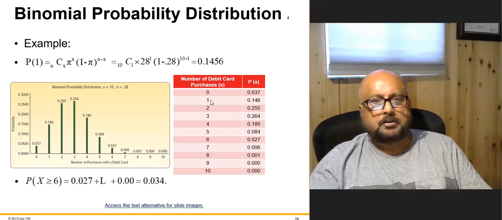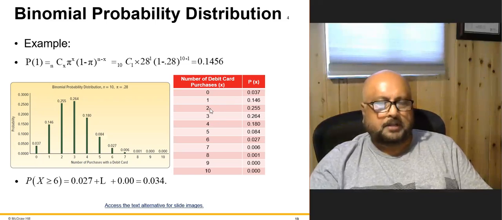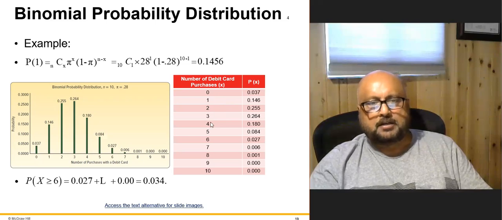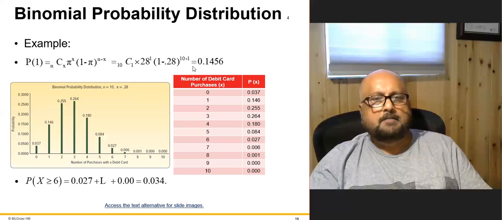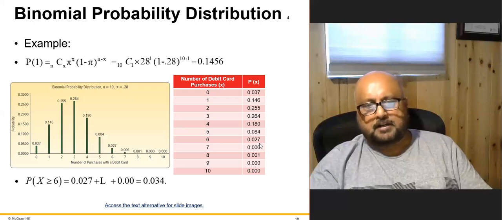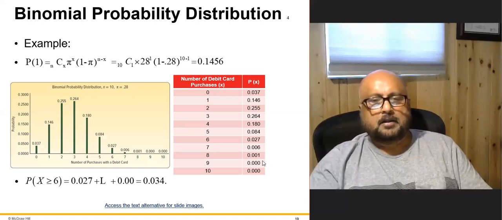And then we can use this formula to find the probability if somebody has used the credit card 2 times, 3 times, 4 times, 5 times. The same formula we can apply to find various values. As the number of credit card uses goes up, you can see the probability keeps going down.